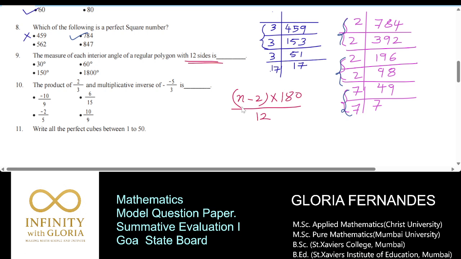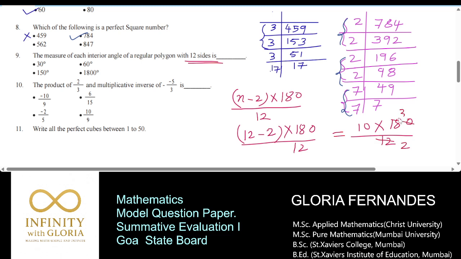So this is going to be 12 minus 2, that will be 10 times 180 divided by 12. So 6 2s are 12, 6 3s are 18, 0 here, 2 1s are, 2 5s are 10, and 3 5s are 15. So the answer is 150.